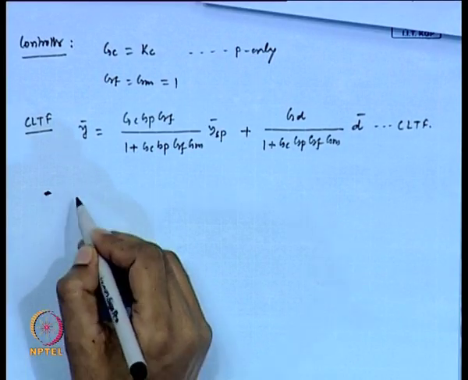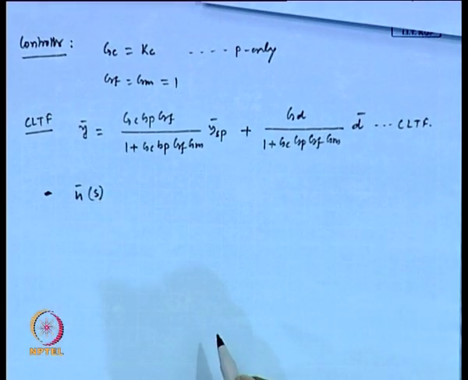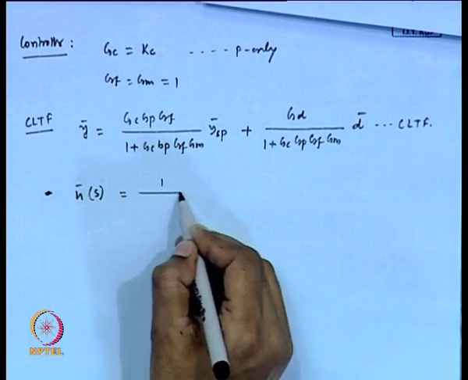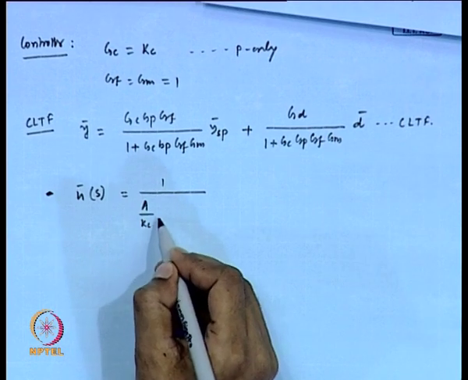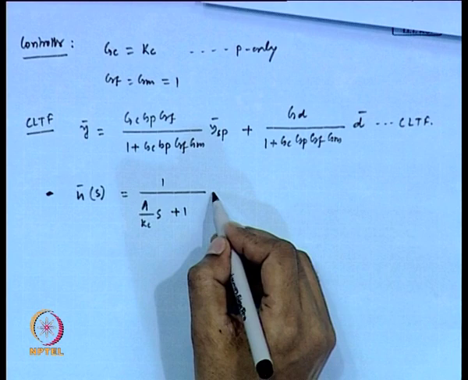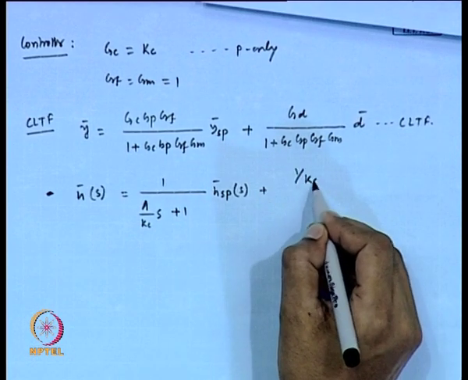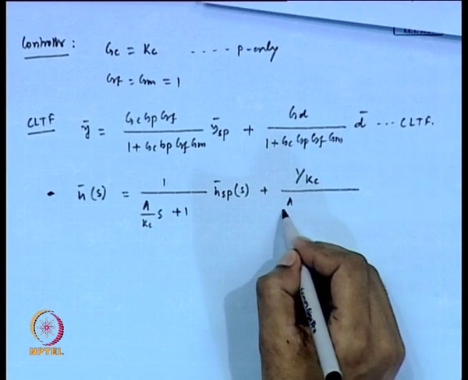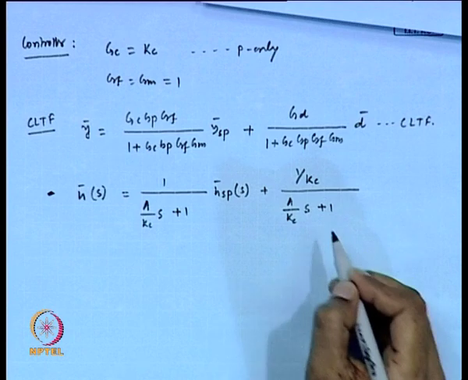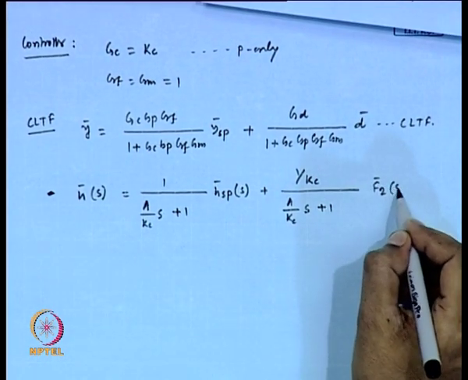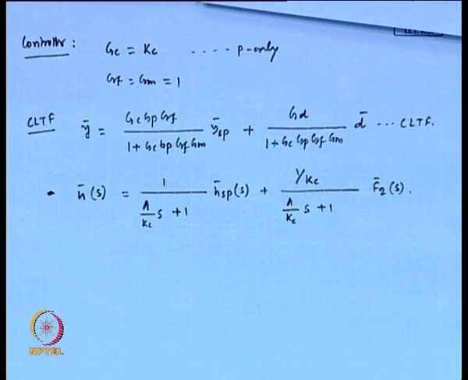Now, if we substitute the form of individual transfer functions, then we get H bar S equals 1 divided by (A by K C S plus 1) H set point bar S plus (1 divided by K C) divided by (A divided by K C S plus 1) F2 bar S. Substituting the expressions of individual transfer functions in the closed loop transfer function, we get this form.